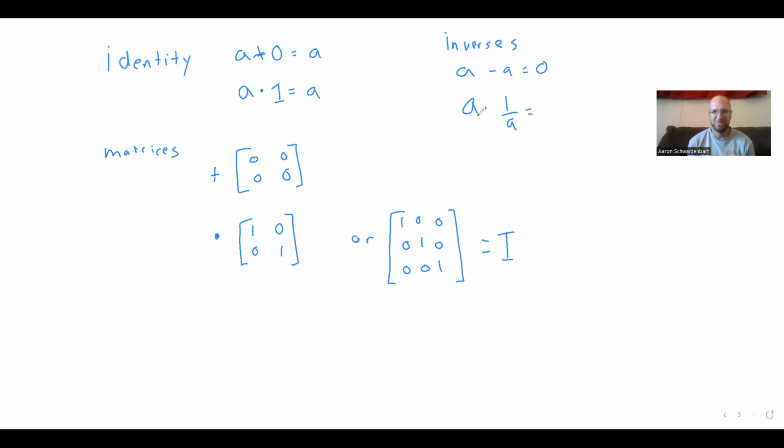The inverse operation of multiplication is division or multiplying by the reciprocal, which is how we're going to really want to start thinking about it. A times 1 over A. A is over 1, so this is A over A, which equals 1. That's the identity. Inverses give me the identity.